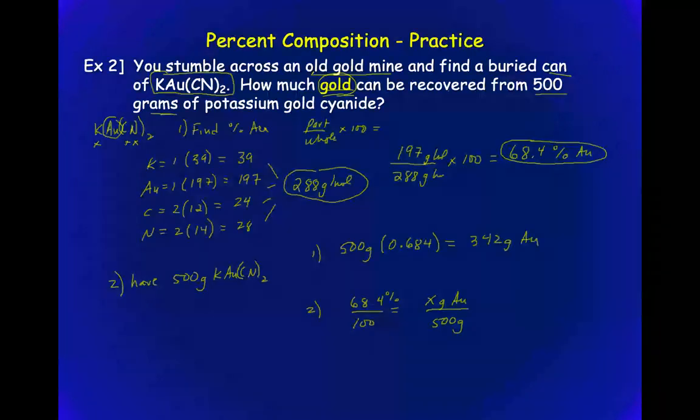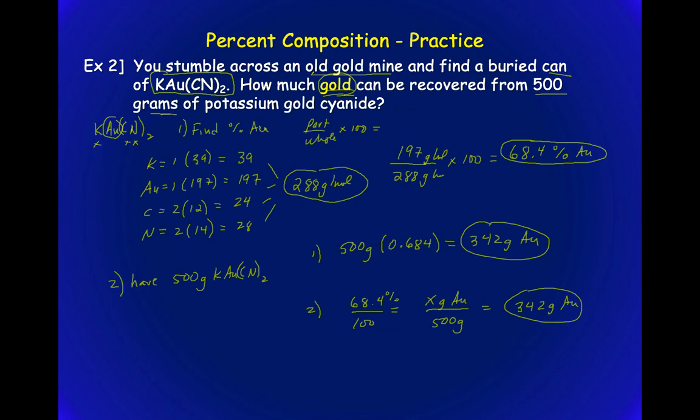So if the 68 out of 100, which is what percentage means, what would be X out of that? And of course, if you cross multiply, you will get, again, 342 grams of gold. So either way that you do this, you're going to get the same answer. I think understanding your percentages here is a better way. Again, you just change your percent to decimal and you multiply by 500 and you get the end. But again, there are people who like this percentage.